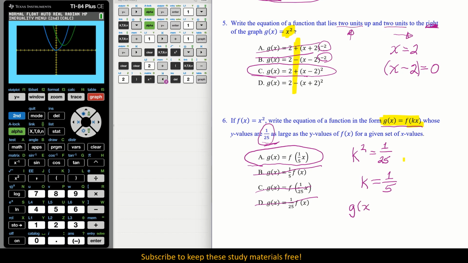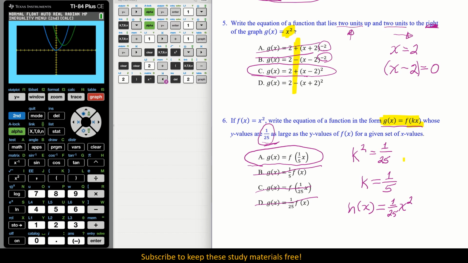Actually, probably shouldn't even call it g of x, to be honest with you. Probably ought to call it like h. And this is totally different. The form we're going to end up with in the end is going to be 1/25x squared.